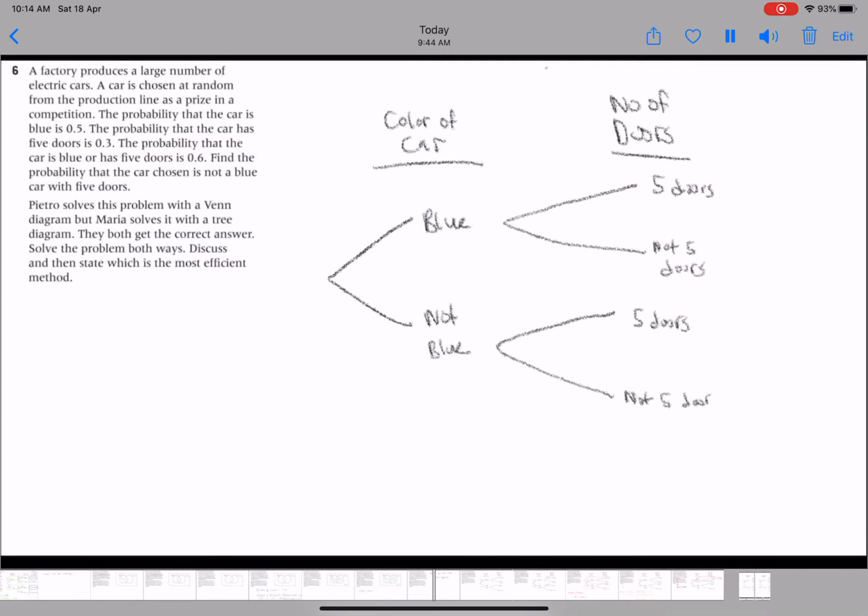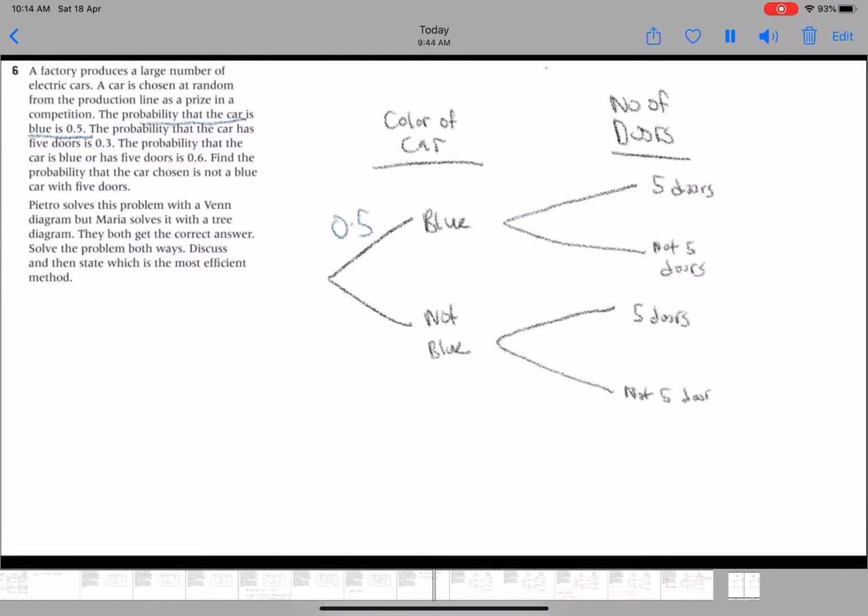Let's fill up some numbers. The probability that the car is blue is 0.5. We put that here because that is the probability that it is blue. So if the probability it is blue is 0.5, then the probability that it is not blue is just 1 minus 0.5. Remember, in every branch the probabilities add up to give you 1.